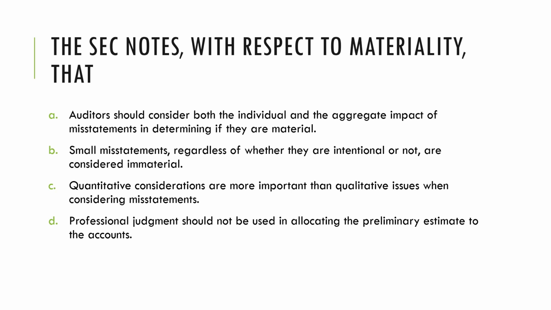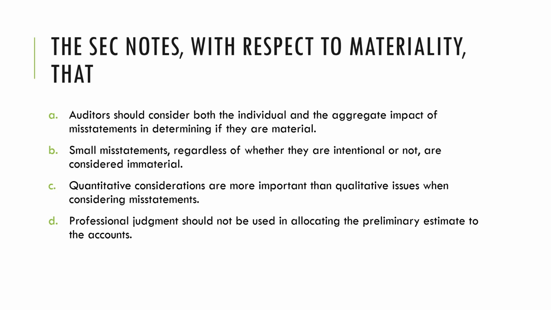So I think at this point we would be able to remove already choices C and D, right? Because we know that when we assess materiality, it has to be a balance of both qualitative and quantitative. And it's also not letter D because professional judgment is very much in play when the auditor decides on the materiality levels and even in allocating the preliminary estimate to the accounts.